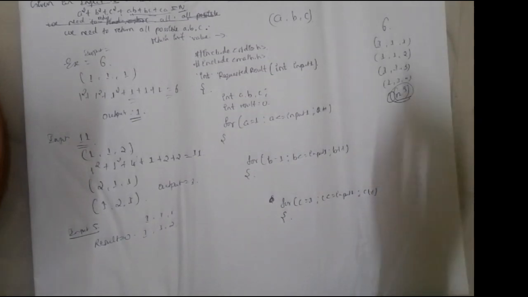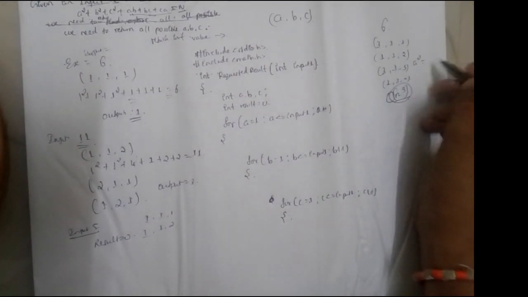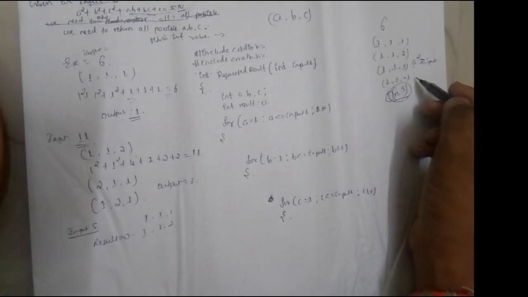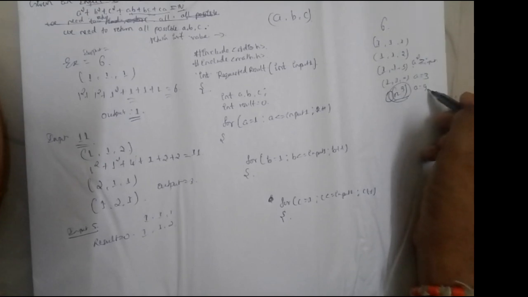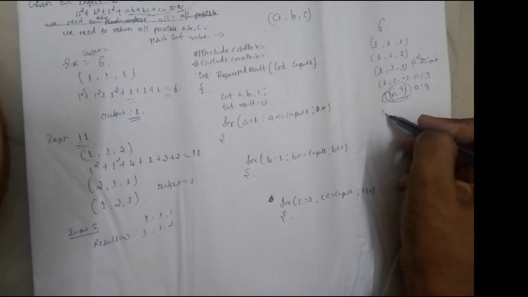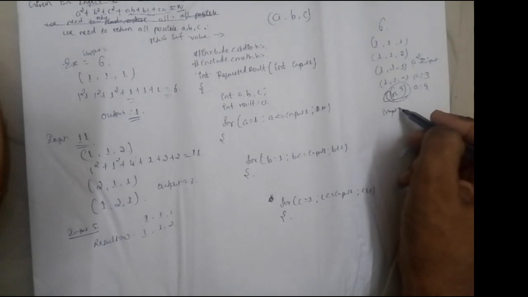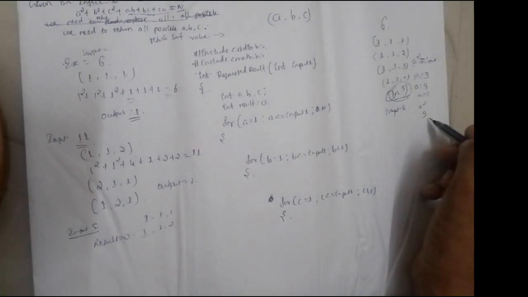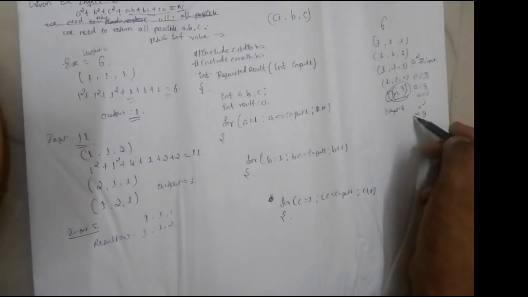Let's say if a square is greater than or equal to input, then we need not iterate. When we take 3, 3 square is 9, but we input the value 4. So when a is equal to 3, the a square will be 9, which is greater than 4.